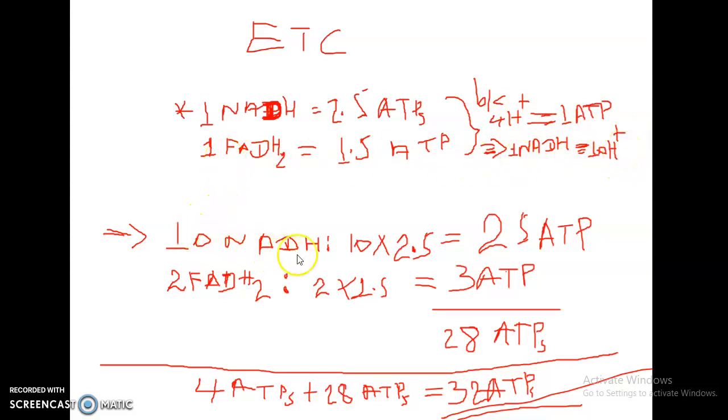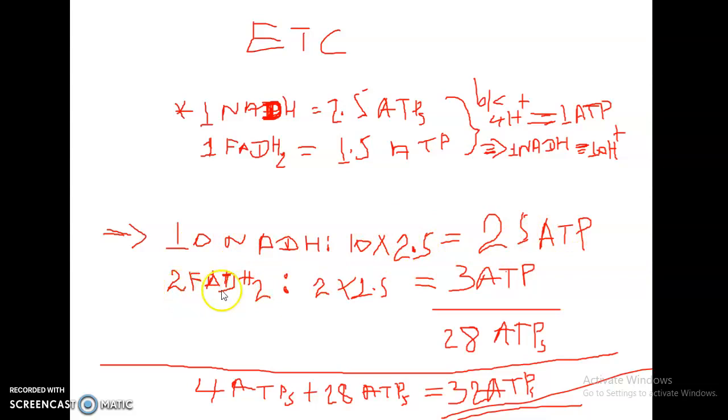So 10 NADH molecules are made from one glucose molecule, considering the NADH from glycolysis, from the conversion of pyruvate into acetyl-CoA, and from the Krebs cycle. Then 10 times 2.5 gives 25 ATP.